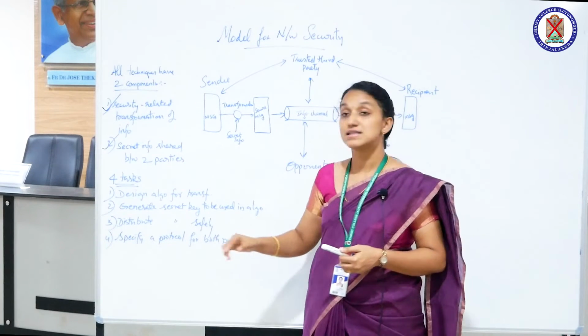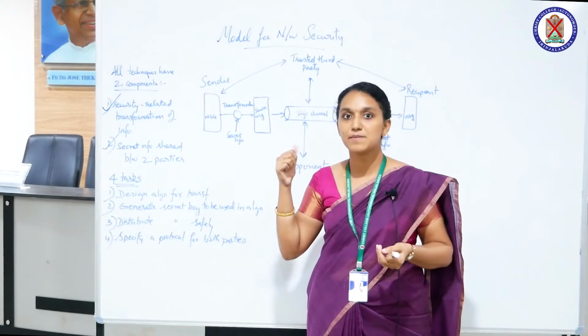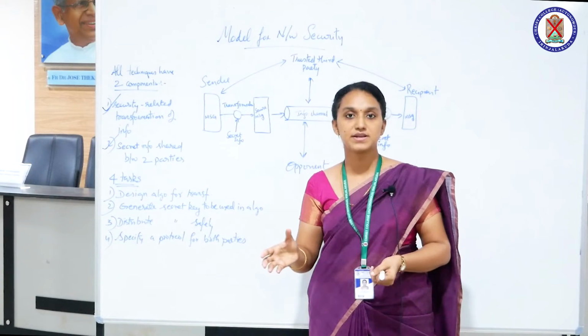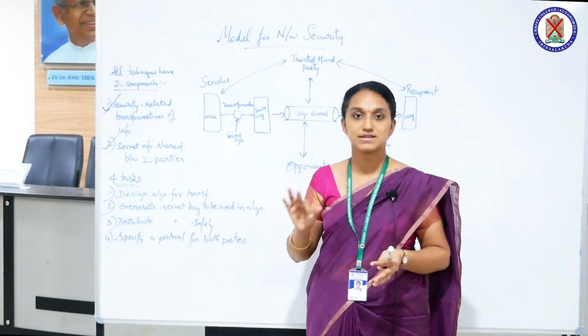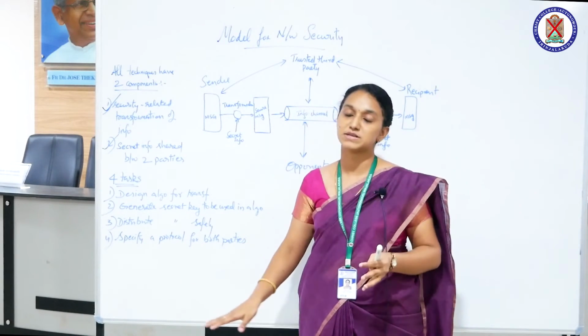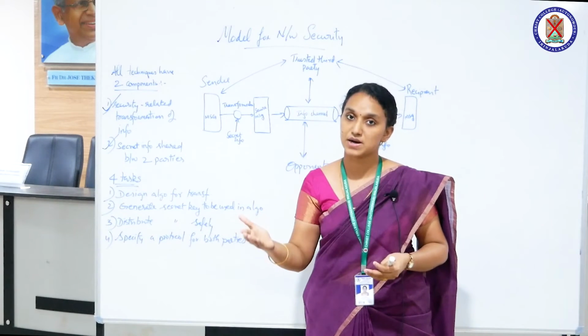The third task is that the secret key must be distributed and shared among the parties safely, right? The distribution is a very complicated task because it should be distributed or shared very safely. That's the third task. And the last task is you have to specify a protocol that is to be used by both the parties.